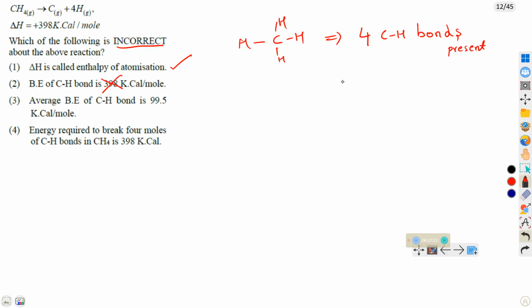Enthalpy of atomization given as 398. For 1 C–H bond, how much? Divide with 4. Then you will get 99.5 kilocalorie per mole. So incorrect statement is the second statement.